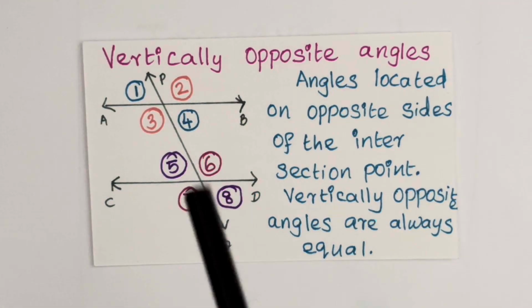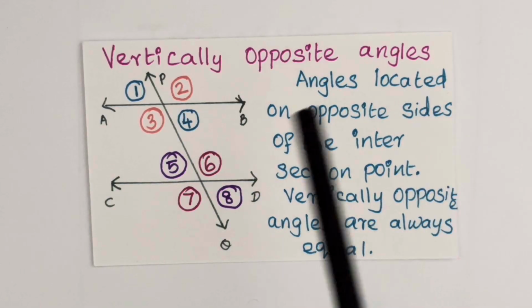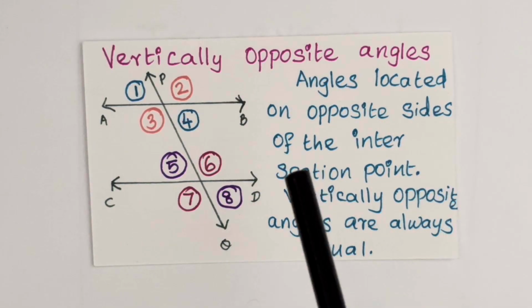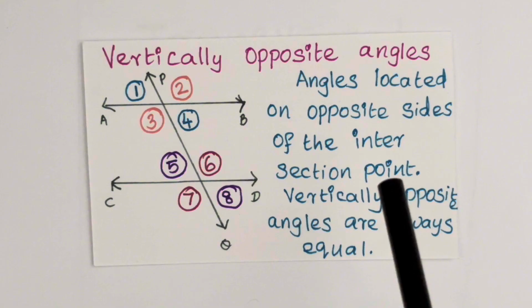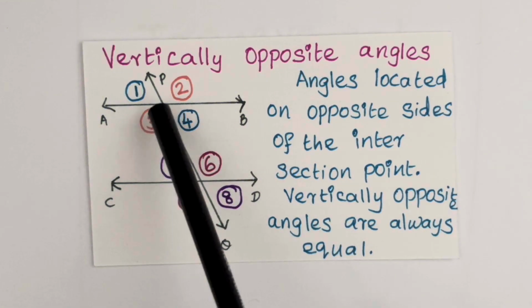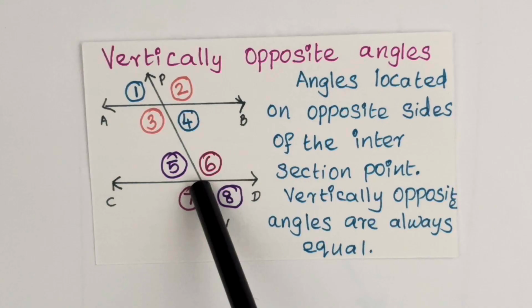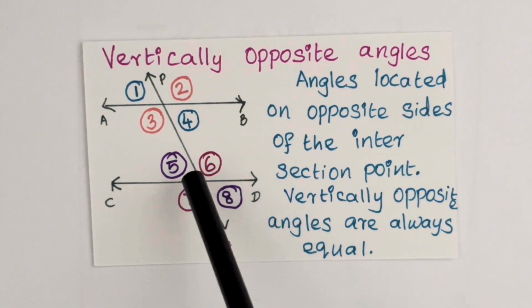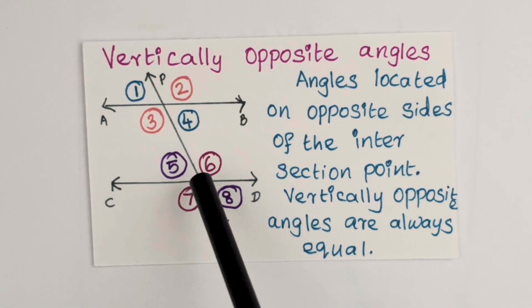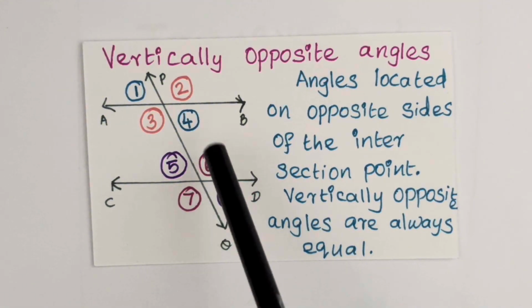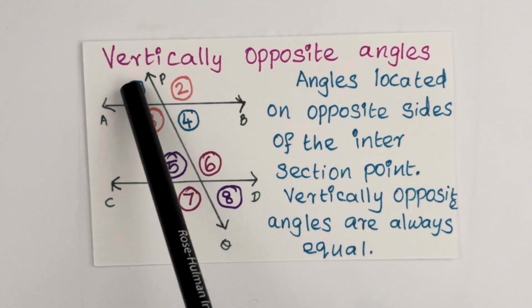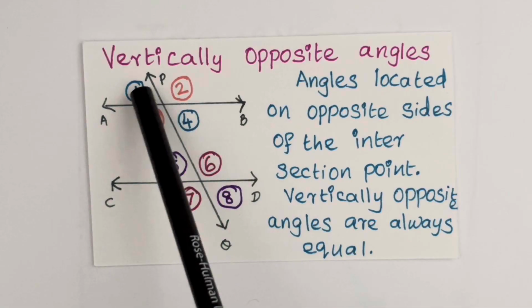Vertically opposite angles are the angles located on opposite sides of an intersection point. This is an intersection point and this is an intersection point, where two different lines meet at a point. Angles located on opposite sides, this side and this side, are vertically opposite.